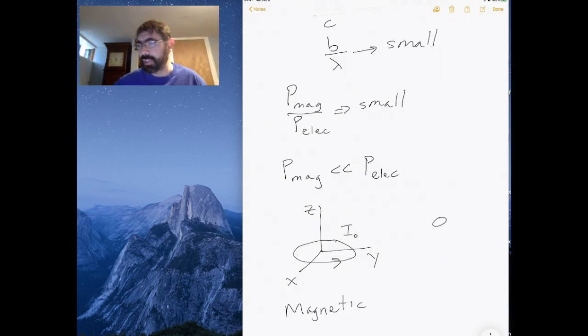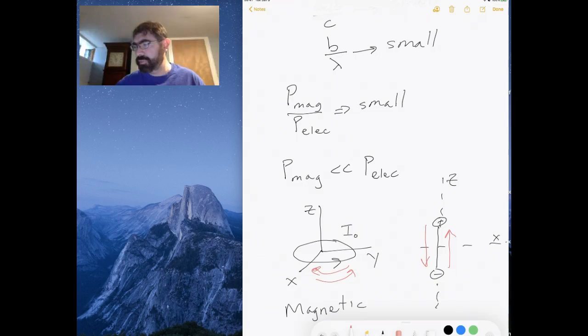And then the electric case, we said, was these positive and negative charges. In this case, the charges were oscillating back and forth, and in this case, the current was oscillating back and forth. And what you should get is radiation from both.